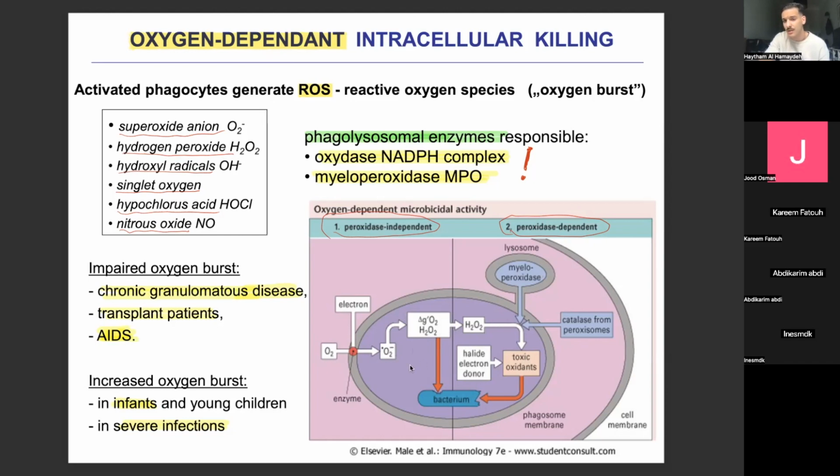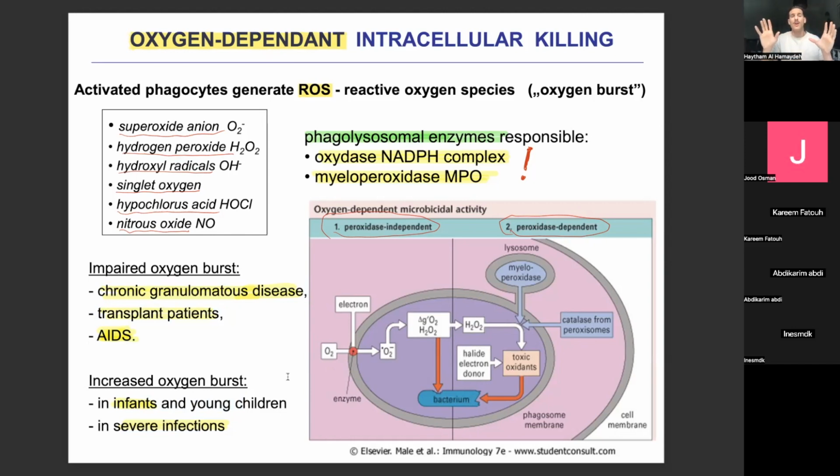So two places. And this is just telling us that impaired oxygen bursts, or sometimes more than needed ROS, occur in cases of disease, or increased oxygen bursts in infants or young children, or in cases of severe infections. Tamam? But this is ROS.